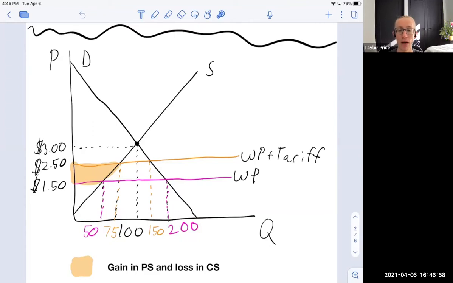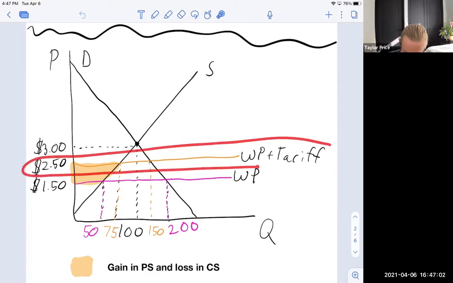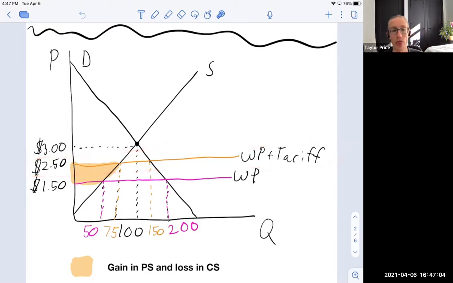And then the final piece is going to be the world price plus tariffs. So that really is the world price, but then the domestic country has added a tariff, or basically a tax on imports. So that tax decreases domestic consumer demand.